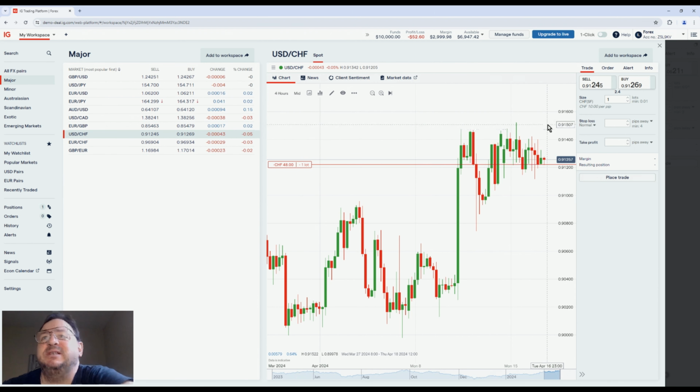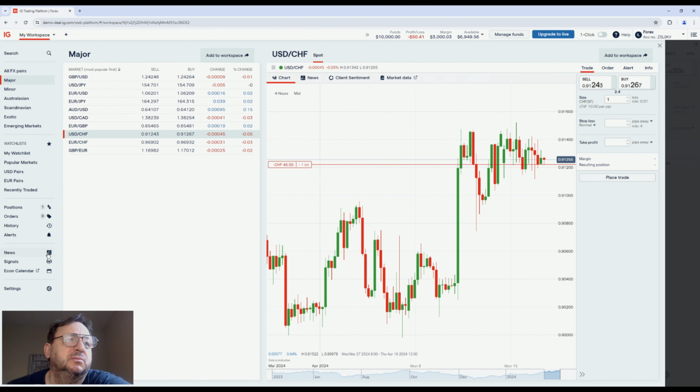Now this is the technical way of trading, which many times banks don't use. They don't use that. What they use is news, like this one.